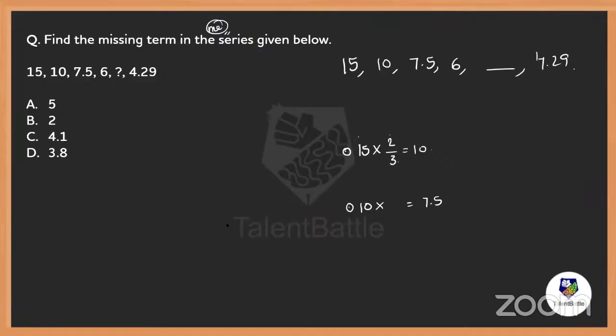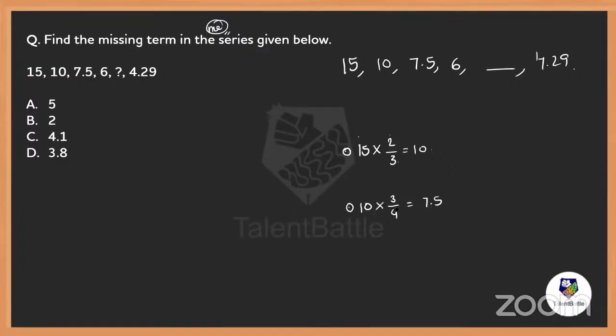Yes. Then 10 into what will give me 7.5, in the same way by multiplication? Try to understand and tell me. 10 into what can give me 7.5? Come on, everybody. Can I say 3 by 4? Yes or no? Everybody, can I say it or not?